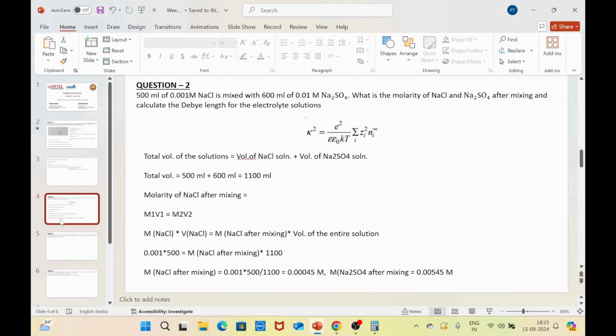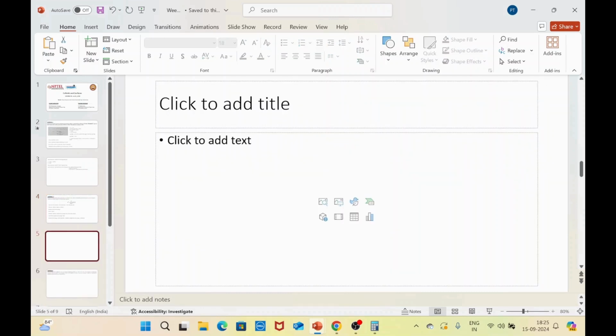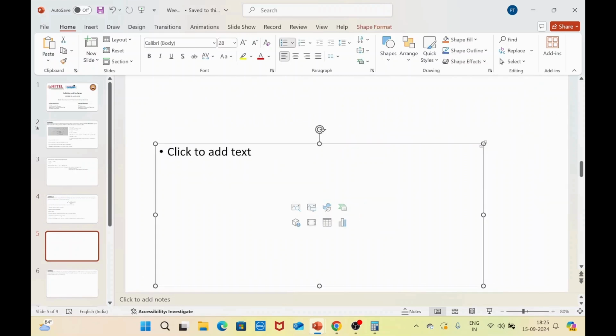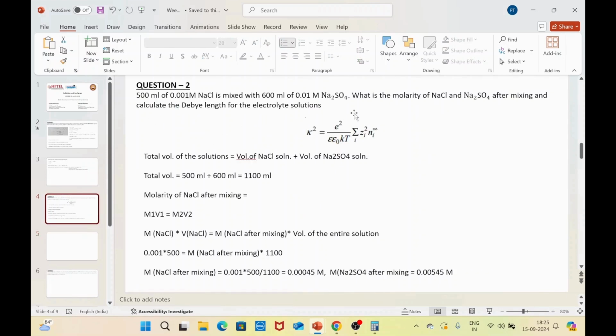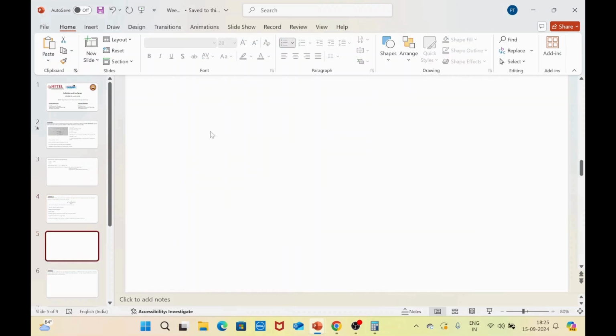If you see, the factor outside of your sigma is going to be the same. But the one inside the sigma, Zi square Ni infinity, will change.